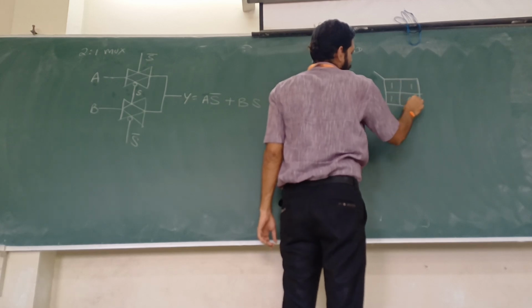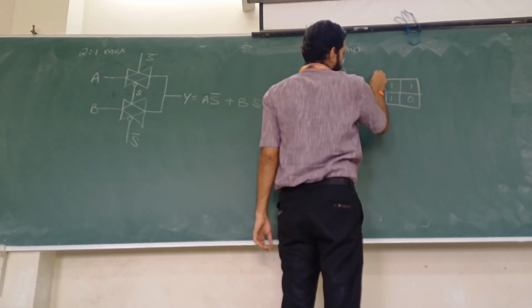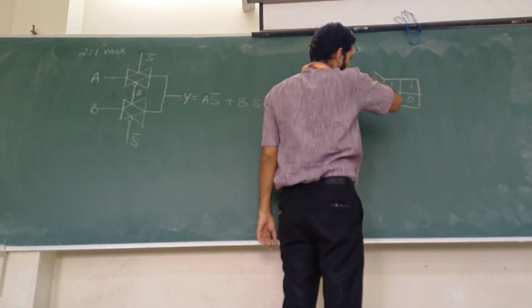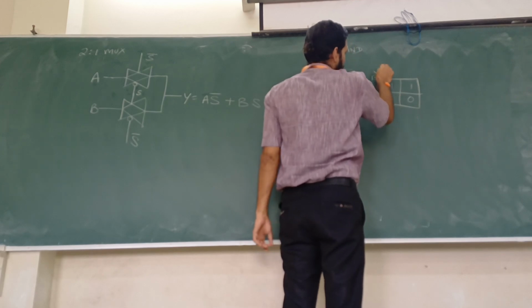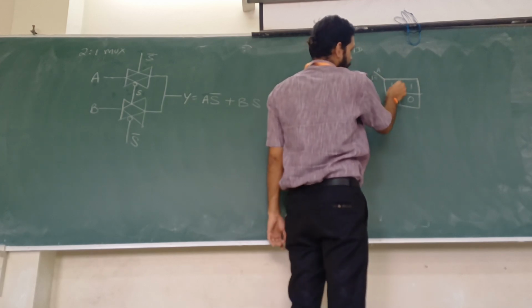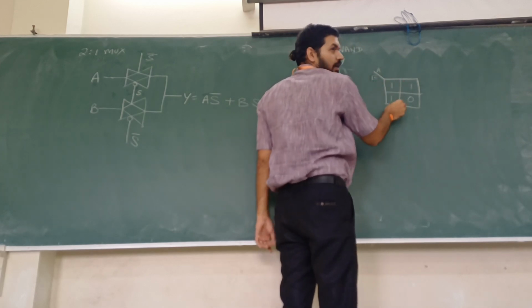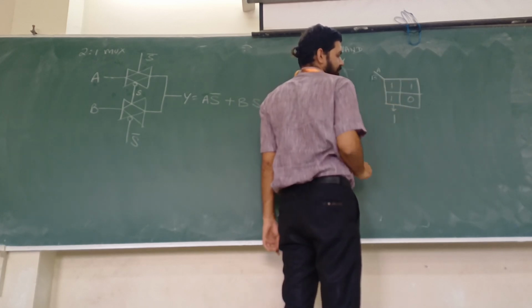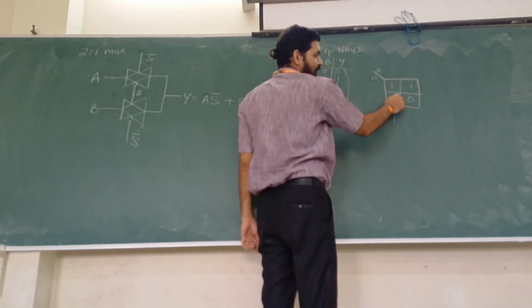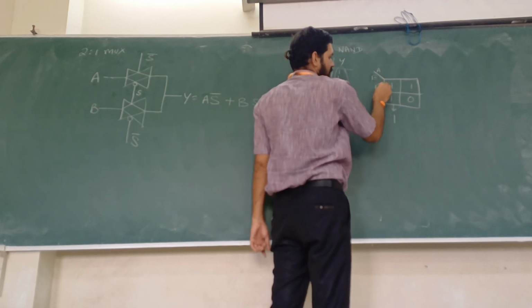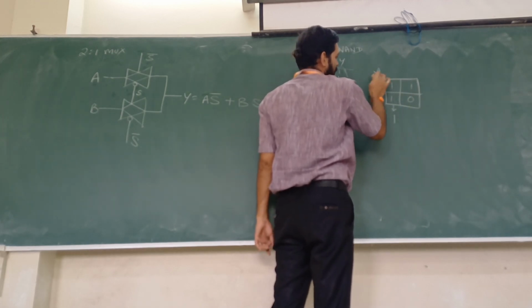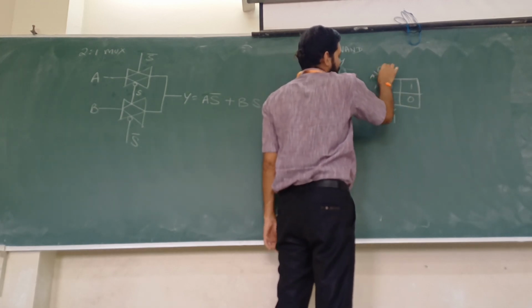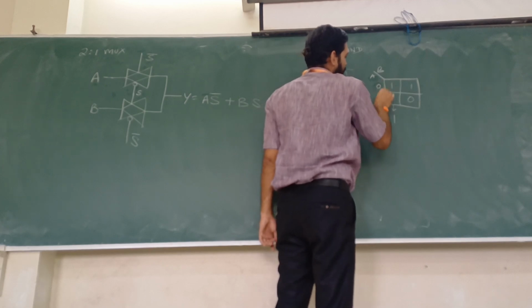Let me take this as B and this as A. So here, if you take this one, the first input will be 1. Here, let me take A and B like this, 0, 1, 0, 1.